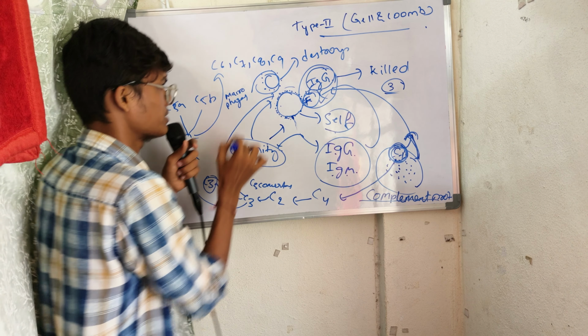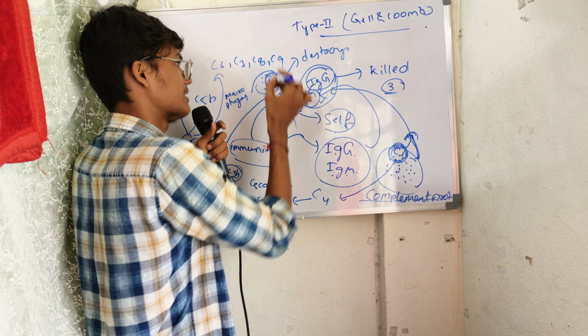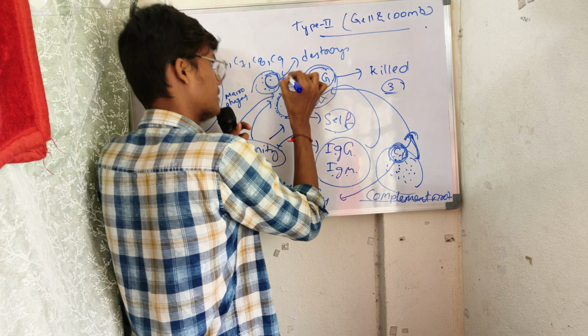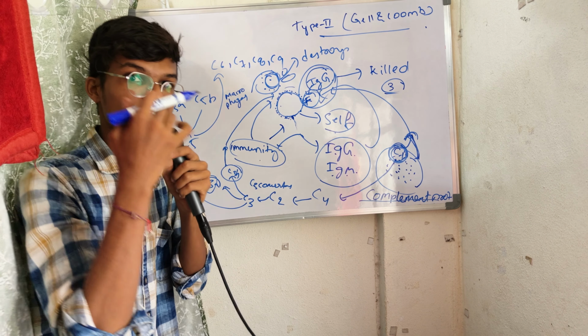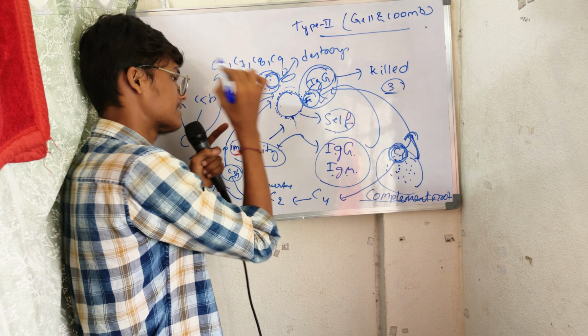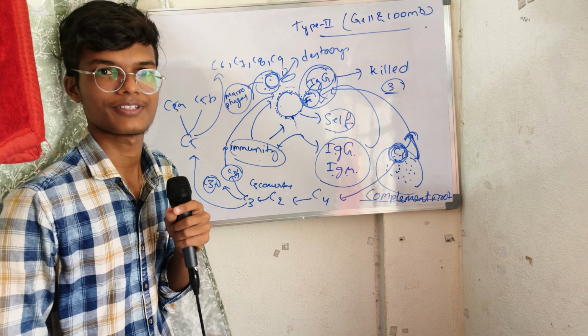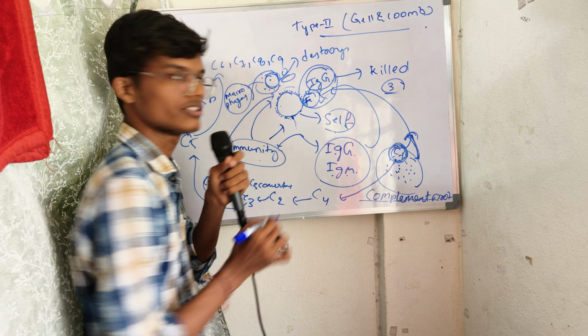What happened? C3b coated this. Here the RBC is there. Not only RBC, it might be bacteria, it might be a virus. It goes and coats the specific organism or any cell. After it is coated, the macrophage detects and kills it. Easy, right? What is this process of coating called?